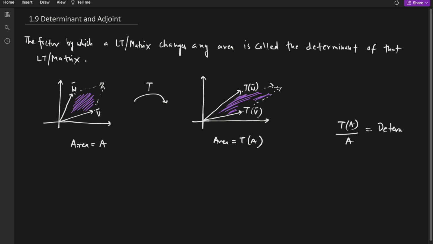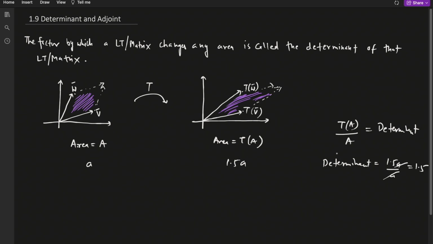Okay, so let us suppose initially the area is A units, and after that the area is 1.5 A. So the determinant here is 1.5 A by A, that is 1.5. That is, this transformation T changes all the areas by a factor of 1.5 times.